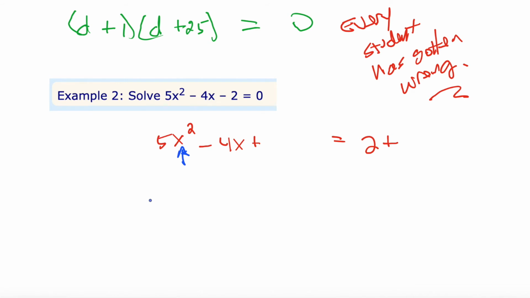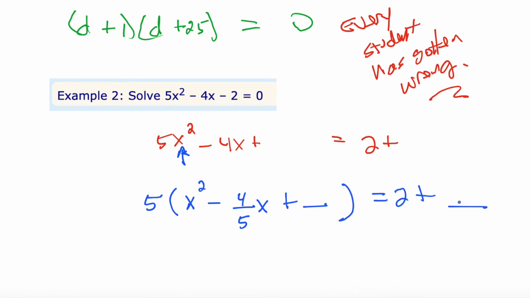You're going to pull the 5 out like that, and x squared minus, what goes over there? 4/5. Yeah, 4/5, because if you multiply back in, you get 4. Okay, now we're ready to go.